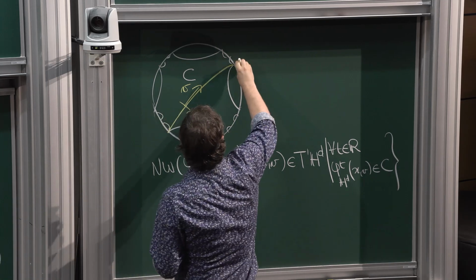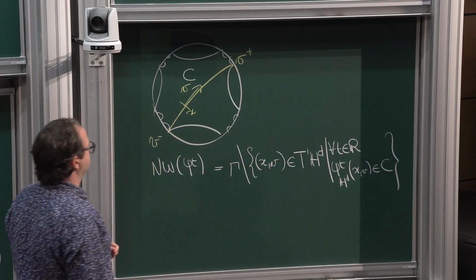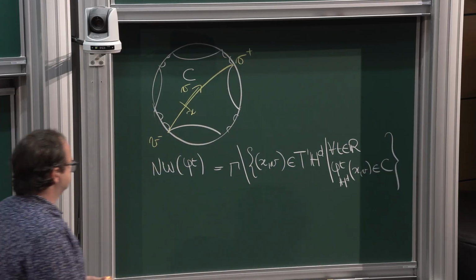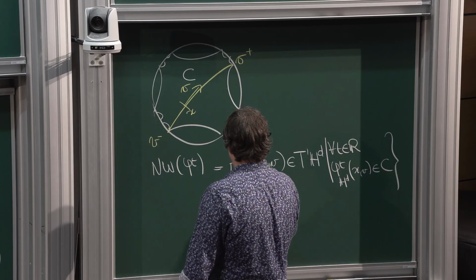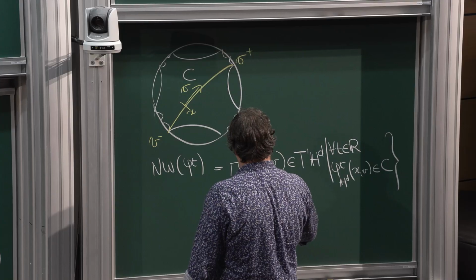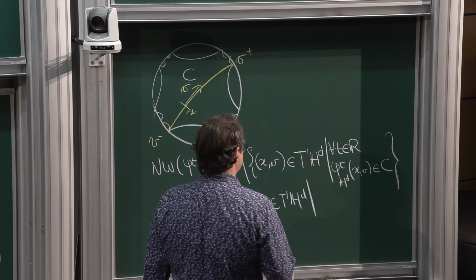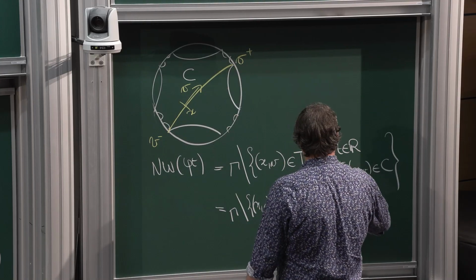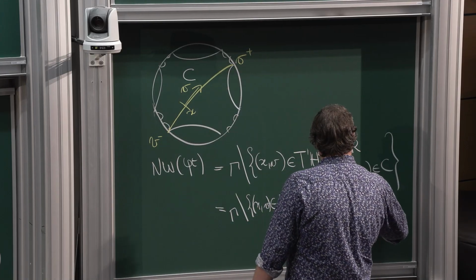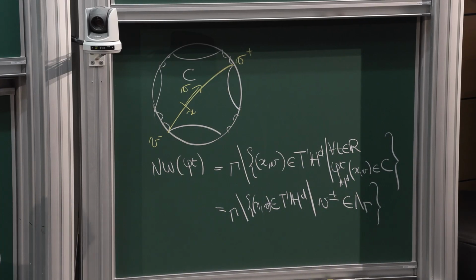So this geodesic will have two endpoints, one which is V plus, and the other one that we'll call V minus. And the condition is that both of these endpoints will belong to the limit set of gamma.